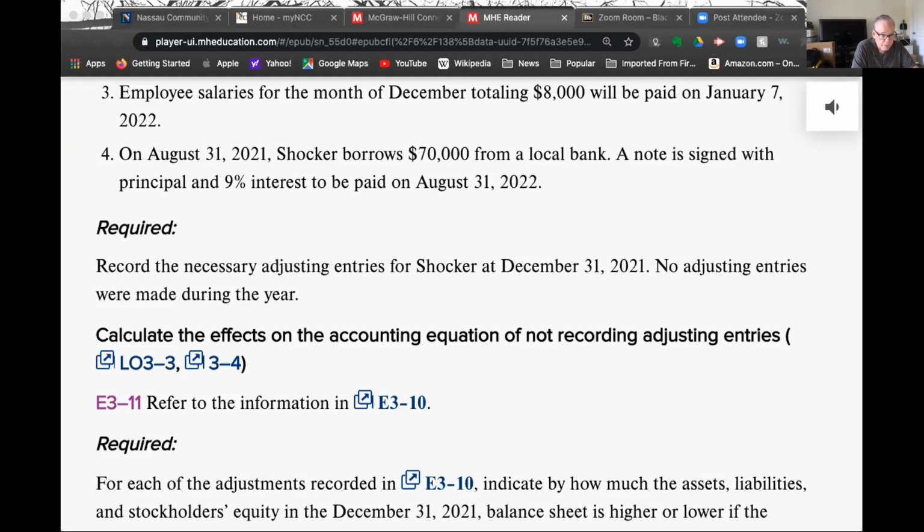So the customer paid you in advance for 3 months worth of your services. So now after a month goes by, you want to show that you've earned 1 month worth of those services. So you debit the liability, deferred revenue, and you credit service revenue. Is that okay?